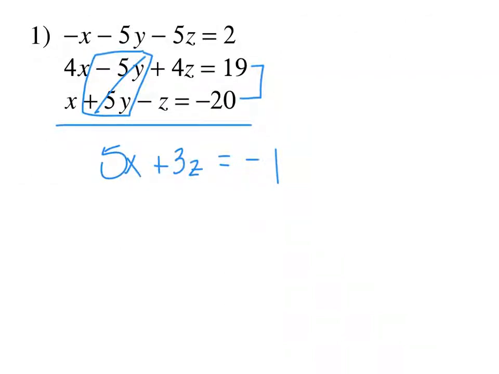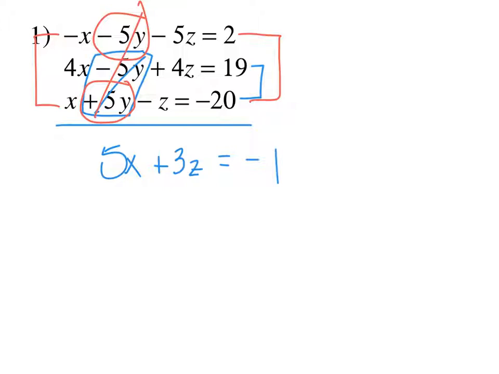So if I decide to use the first and the third, because I noticed that the first and the third also have the same variable but opposite signs, I can use the first and the third for my second equation. So I'm going to add those straight down, which will cause my y's to cancel again, but just keep in mind I'm adding this equation and this equation.